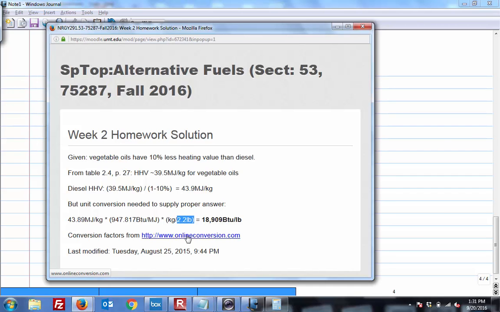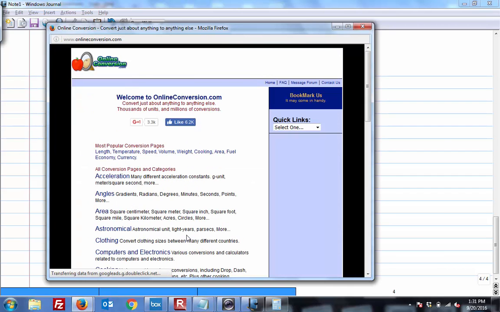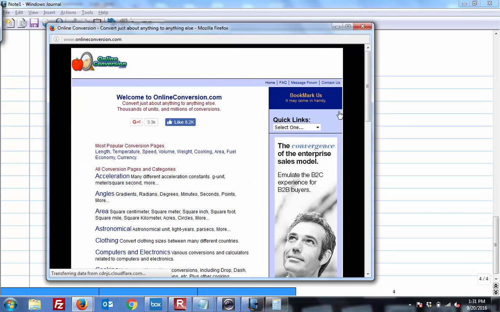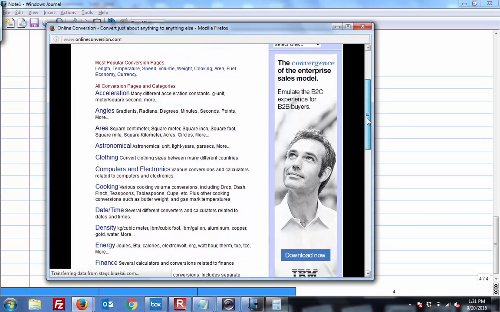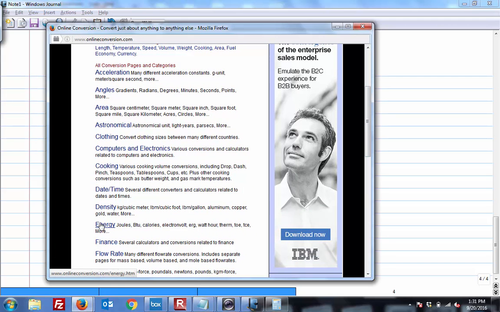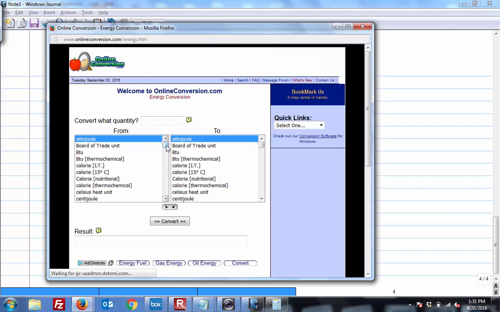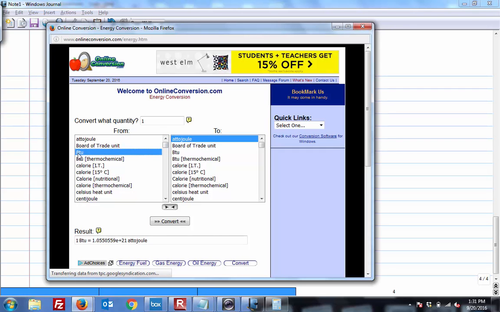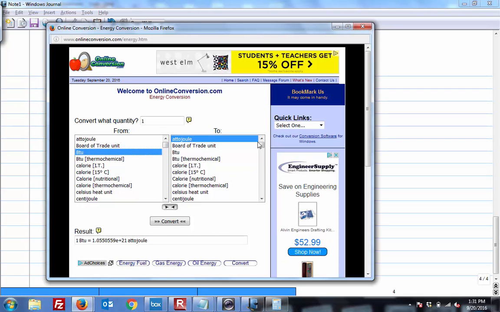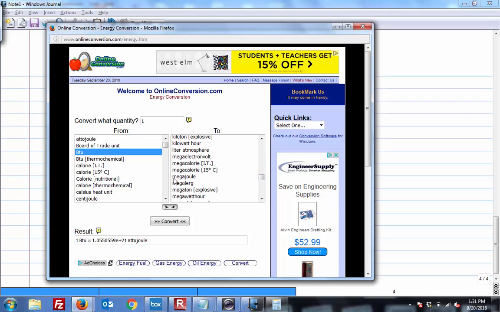And let's just take a look at this online conversion site. Angles, acceleration, there's energy. I remember this website, this is fun. Okay, so BTUs to megajoule. Convert.